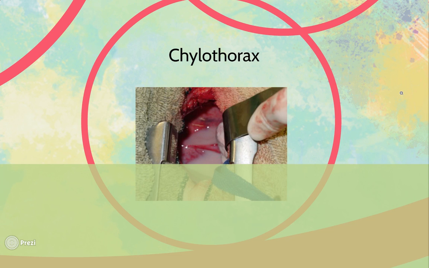It's a white milky fluid surrounding the organs in either the abdomen, and it would be chylous abdomen, or in the thorax, and it would be chylothorax. The cause of chylothorax is typically a blockage of the thoracic lymph duct that normally empties into the venous system.